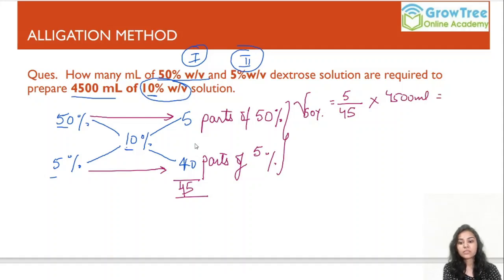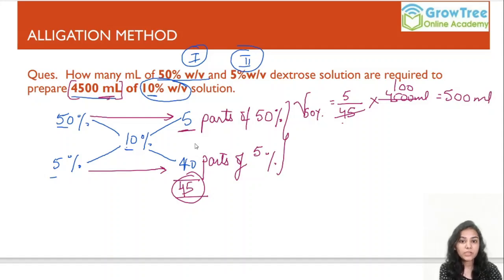So 5 is the parts of 50% solution which we have calculated here, and 45 is the total parts, and 4500 ml is the volume which we have to make. So after the calculation it will be 500 ml.